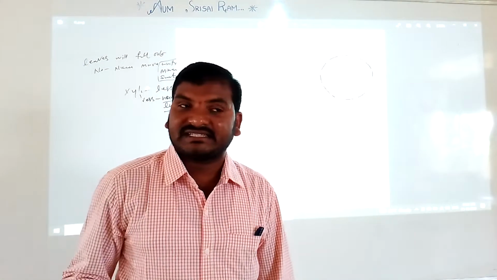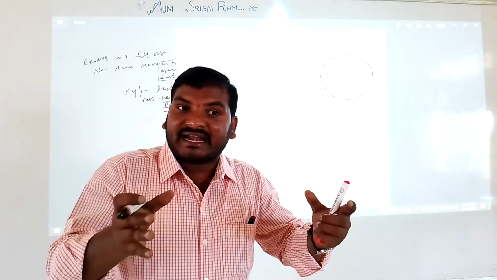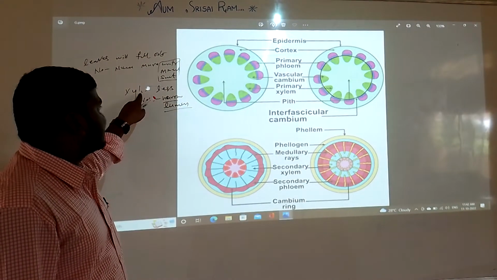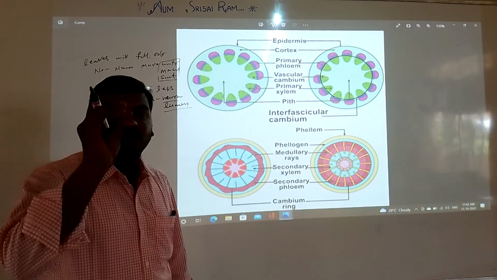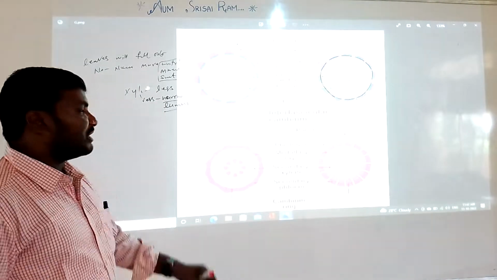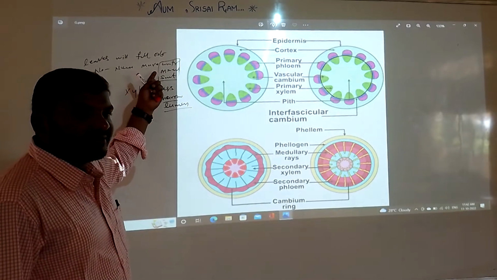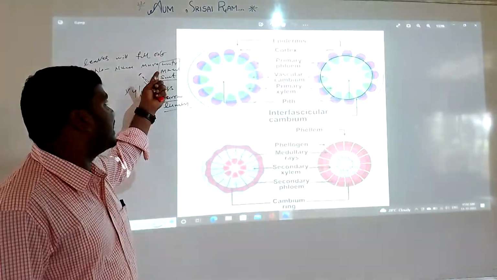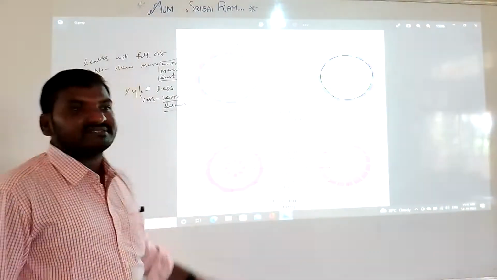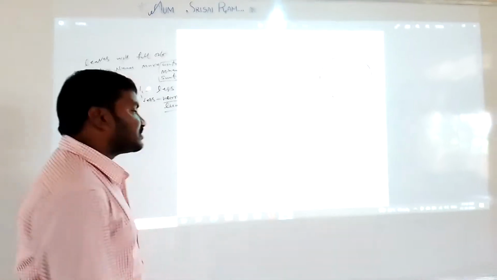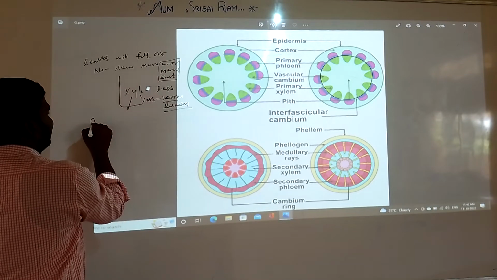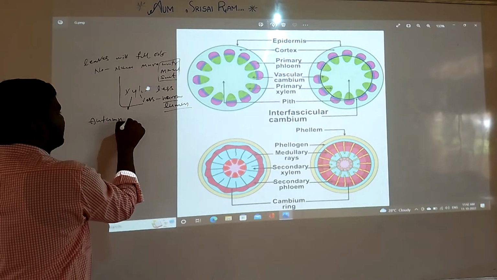In the spring season the xylem has a wide lumen, but in the autumn season the xylem vessels are present with a narrow, slit-like, tight lumen, because there is no requirement for more transportation of water and minerals, because fewer leaves are present in the autumn season. So the xylem which is produced in the autumn season is called autumn wood.